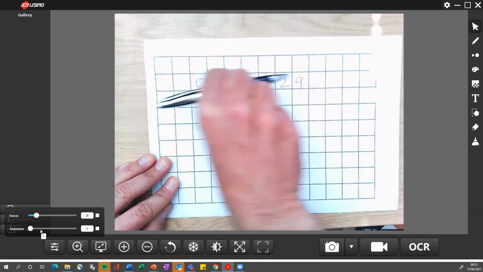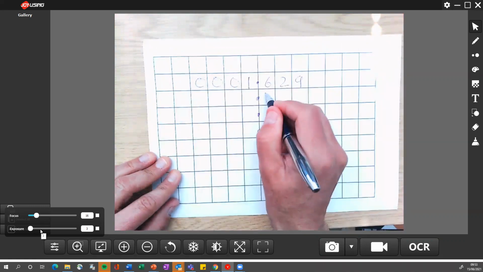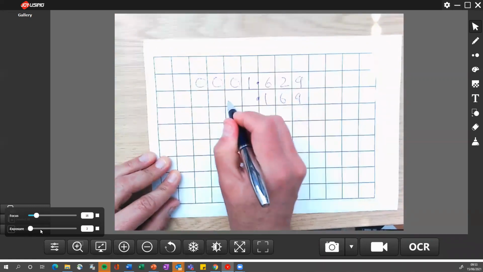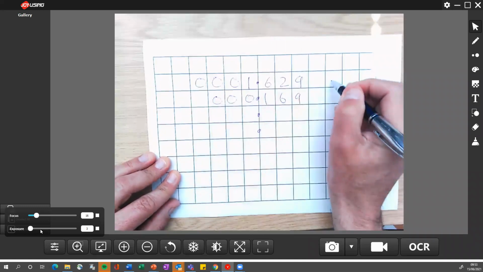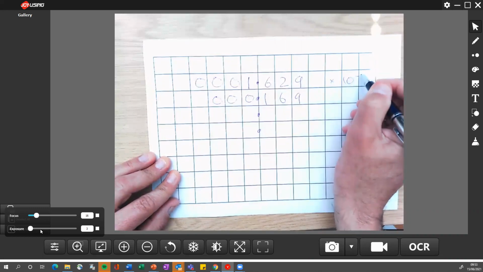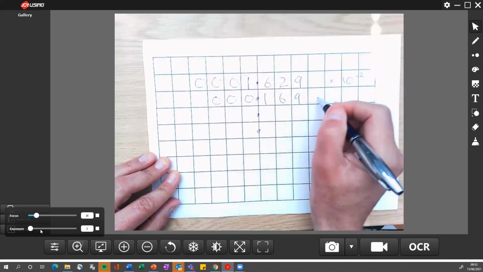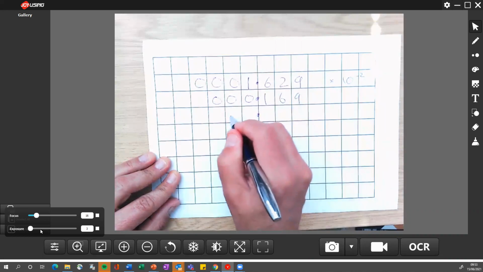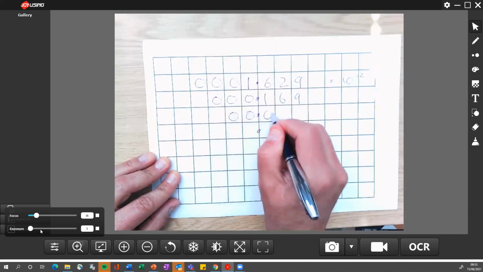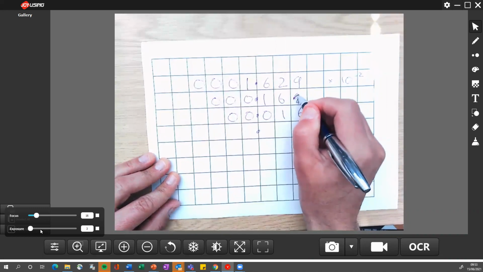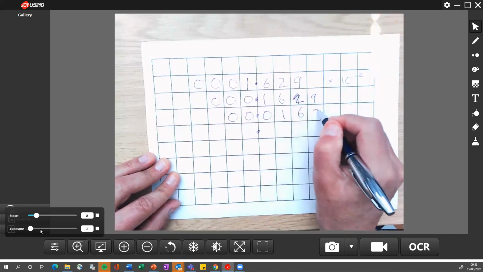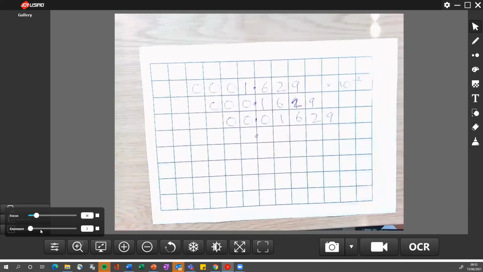This time we're going to move the digits that way. So we're going to have 1629, 0, 0, 0, because don't forget that was times 10 to the -2. So there's our first move, and then our second move, 0, 0, 0, 1, 6. I do apologize, I've missed a 2 there. 0, 0, 0, 1, 6, 2, 9, and there we have it.